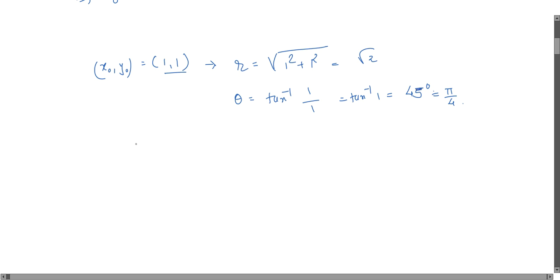Now if I take another point, say this point is a, and I am saying this point is b. This r depends on a and theta depends on a.